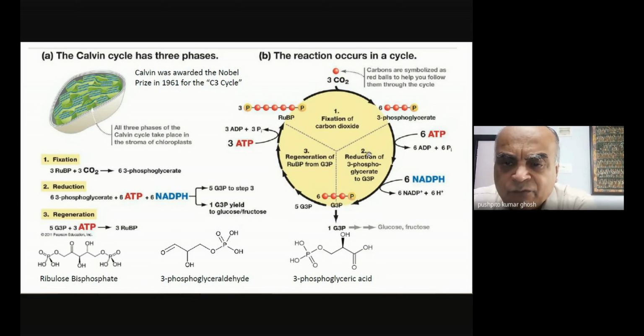So now we have gone through the second step, which is the reduction of the 3-phosphoglycerate to the aldehyde over here. Now nature plays another very brilliant trick. What it does is that it keeps aside one of these molecules out of the 6.